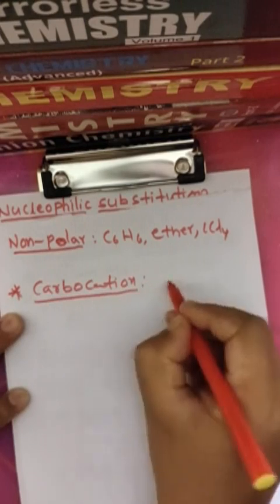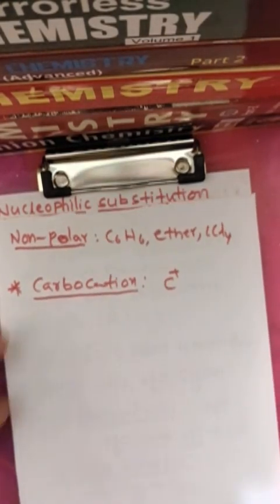Next, another thing we have to remember is carbocation. Carbocation is nothing but C plus. We depict carbocation with a C plus symbol. Before going into this reaction, we have to learn about carbocation stability.